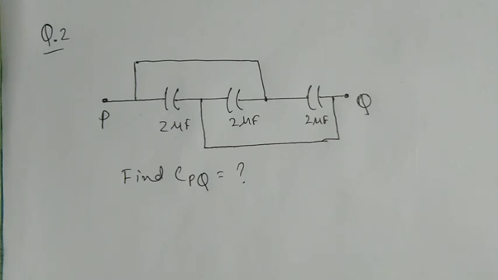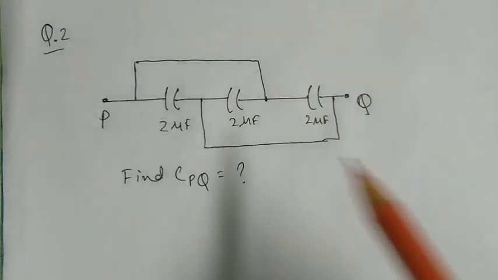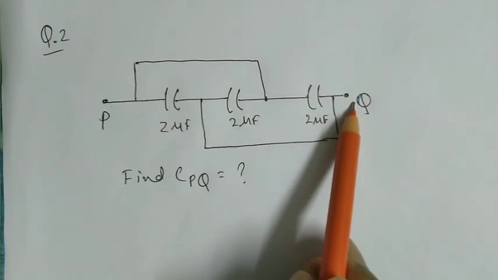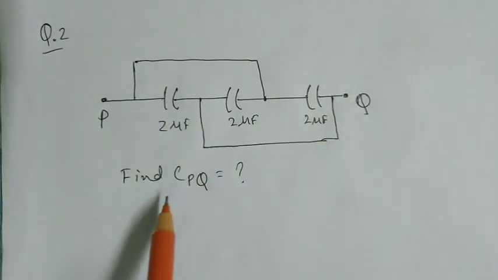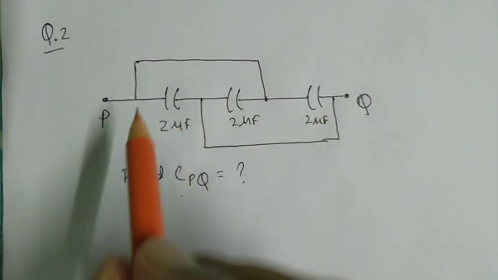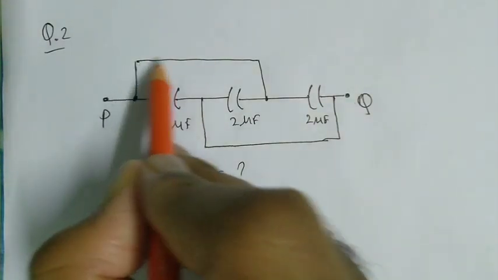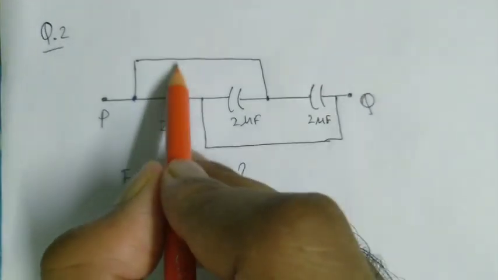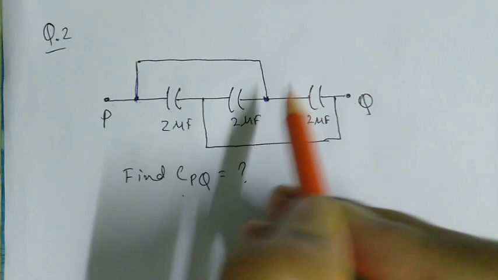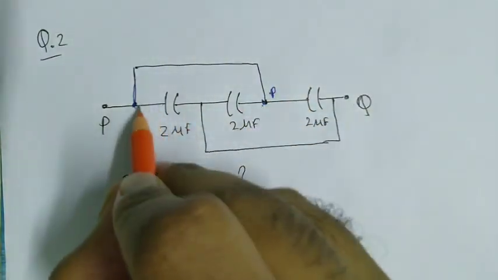Okay, move to the next question. This question is even simpler, easier. Now how to solve this question? Follow the same procedure. Look, these two nodes are named P and Q, and we have to find the equivalent capacitance across P and Q. This P node is shorted, so there is no resistance or capacitance across this, so this P node goes here, and this is also P node because these 2 points are equipotential.